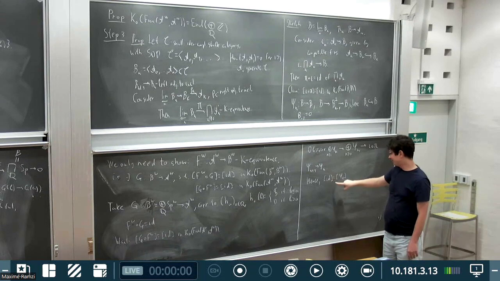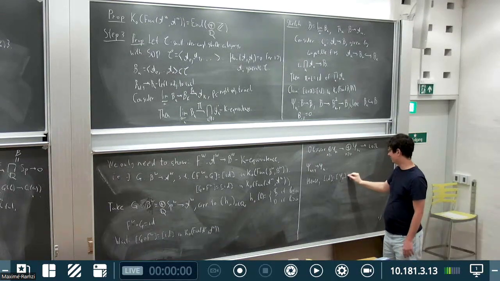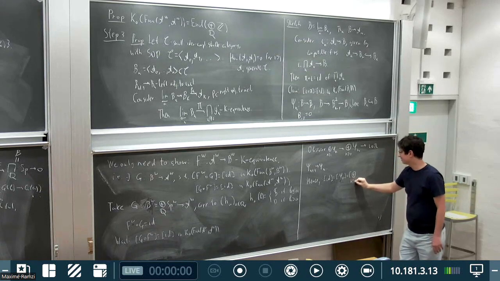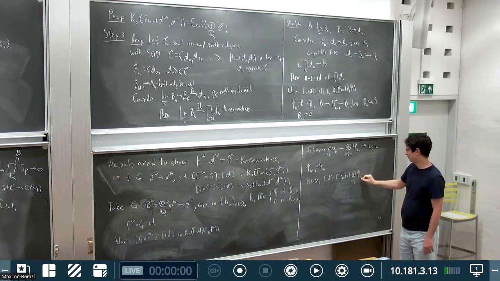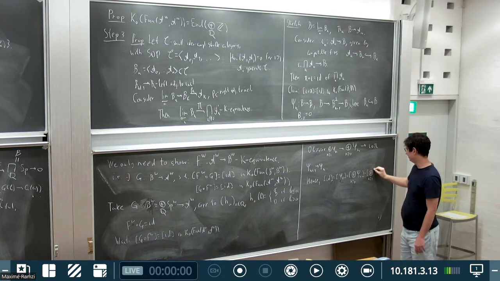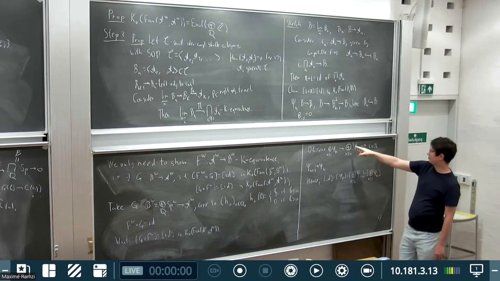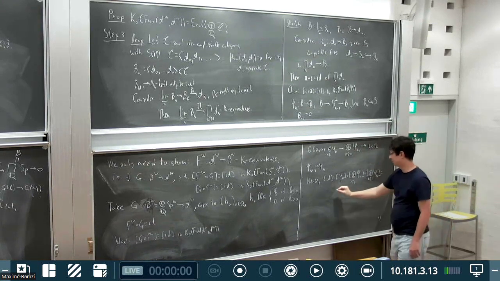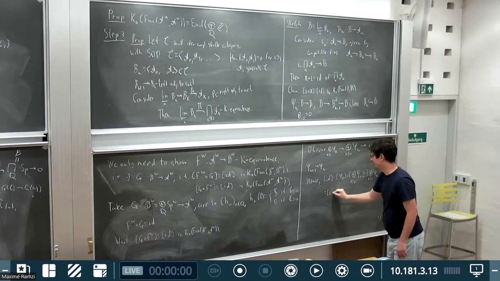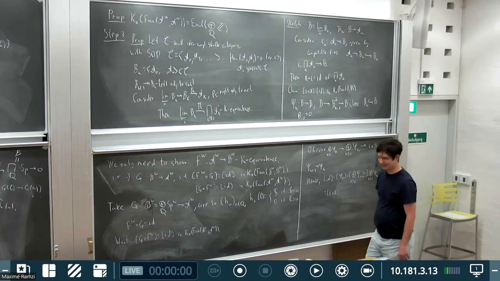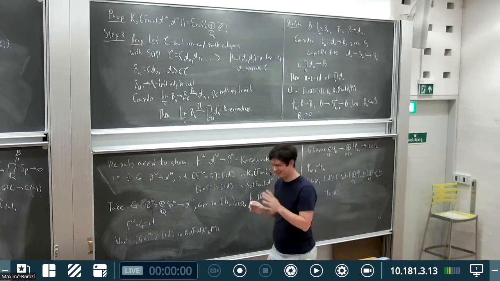The class of identity equals the class of psi 0, which is of course the same as the difference between our classes of well-defined sums of psi n over non-negative n minus the class of the sum over n greater or equal to 1. But now we have this fiber sequence, so this is the same as the class of iota composed with pi. So it's not cheating, it's a legit argument.